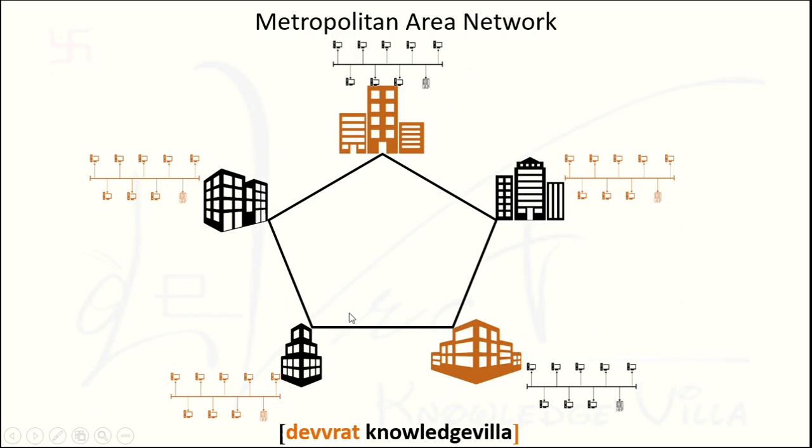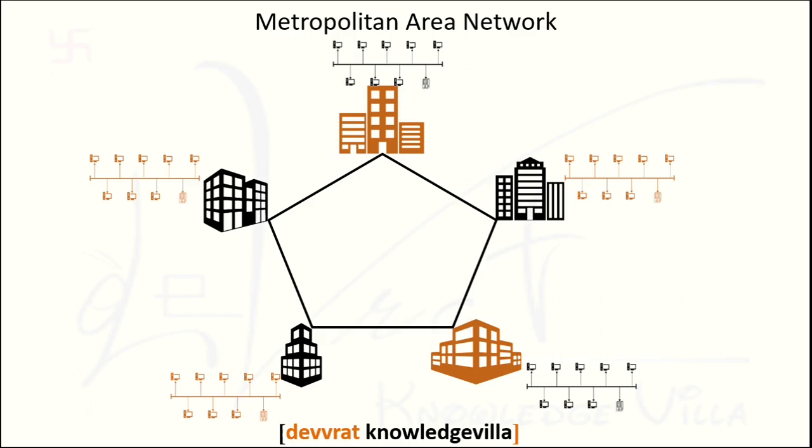So it will become an entire network for the city, and this is known as a metropolitan area network. A good example of a metropolitan area network is the cable TV network that you access on your home television. That is a good example because the cable network is for the entire city.